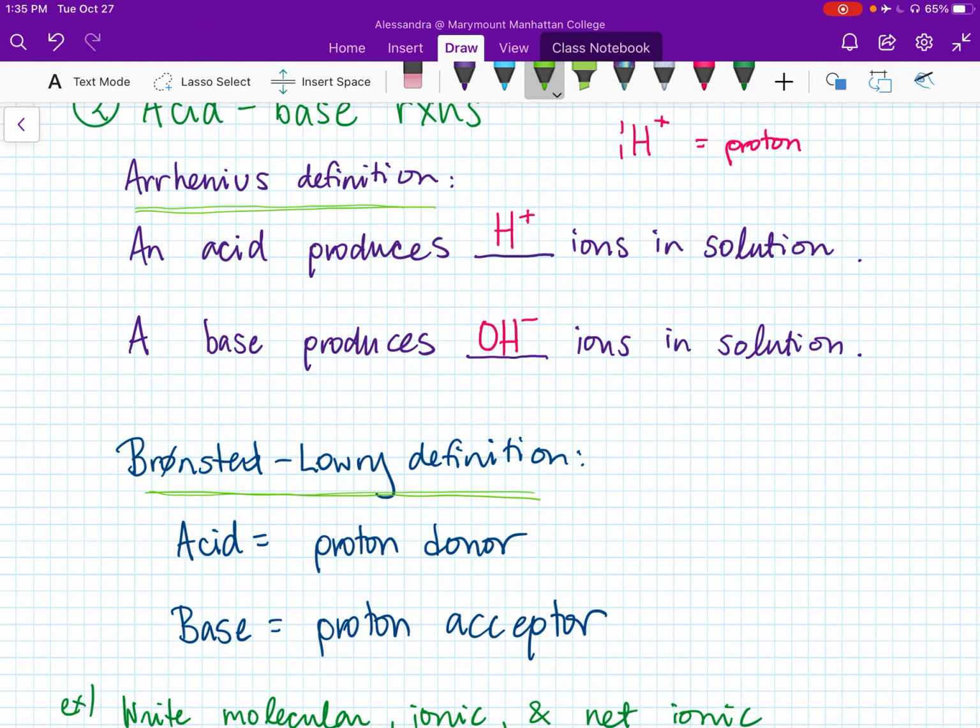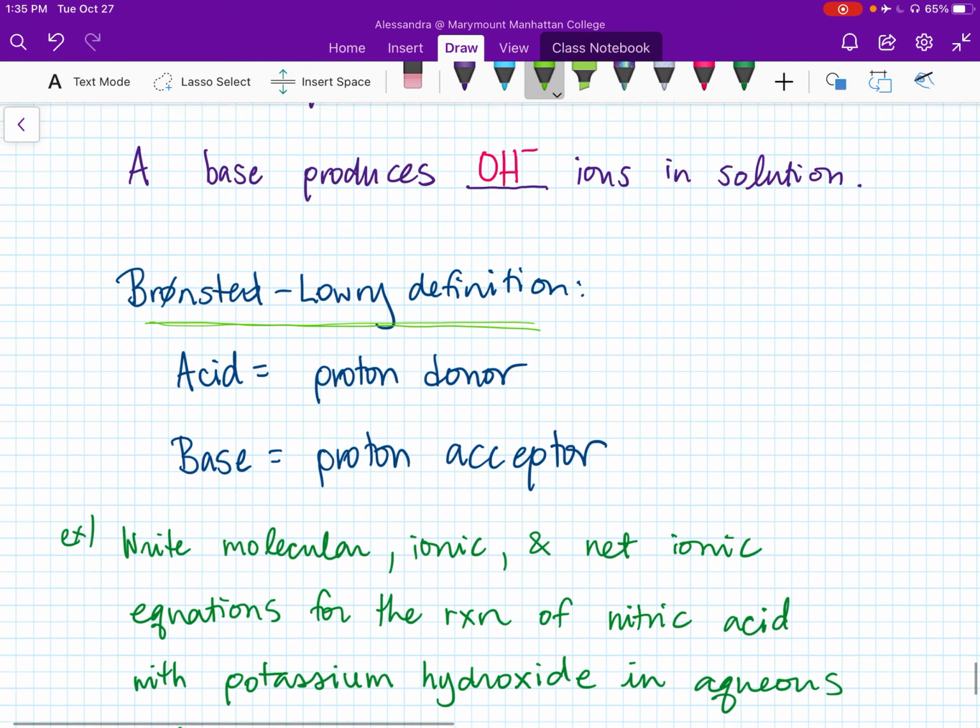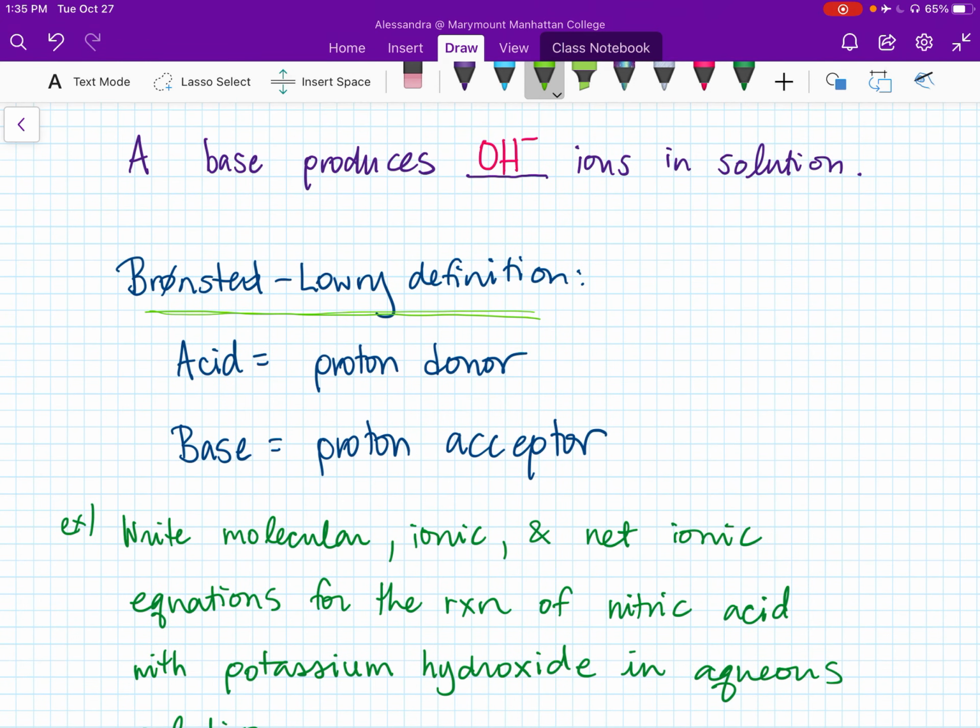So let's put these ideas into practice by writing molecular, ionic, and net ionic equations for the reaction of an acid, nitric acid, with potassium hydroxide in aqueous solution. So again, we are translating these words into a chemical equation. Let's start by writing the molecular equation for this. Nitric acid is HNO3.